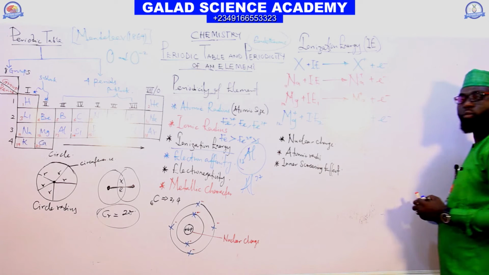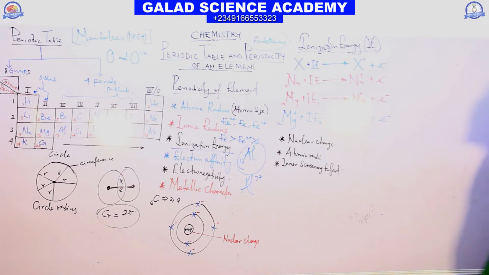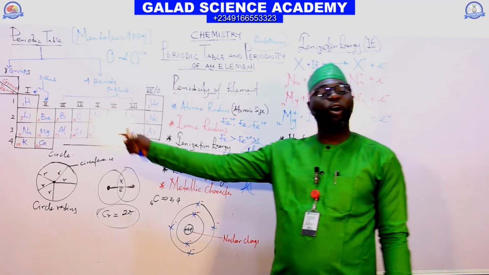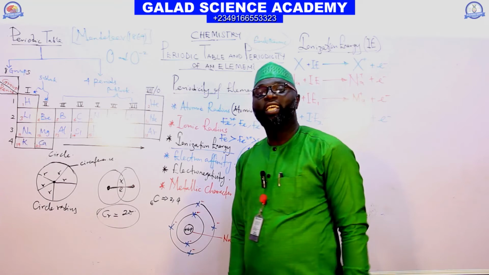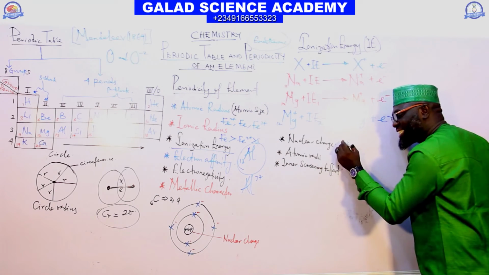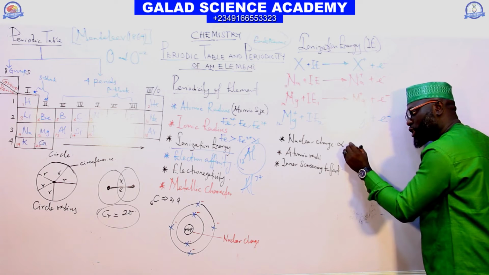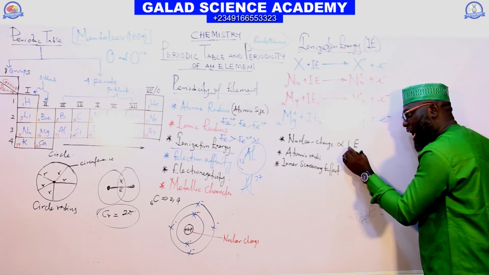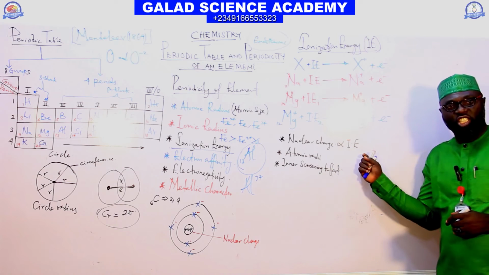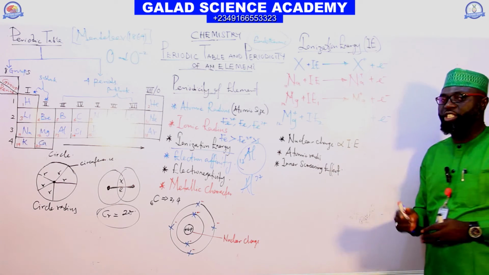What is nuclear charge? We all know that nuclear charge is the number of protons in the nucleus of an atom. And the nuclear charge is directly proportional to ionization energy. That is, an increase in nuclear charge is an increase in ionization energy.